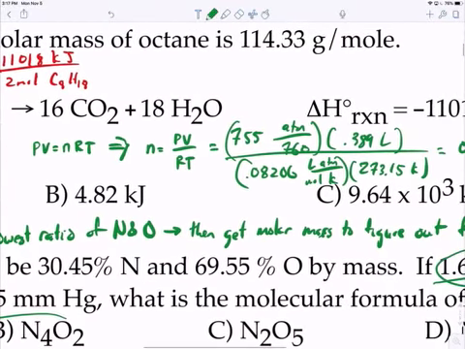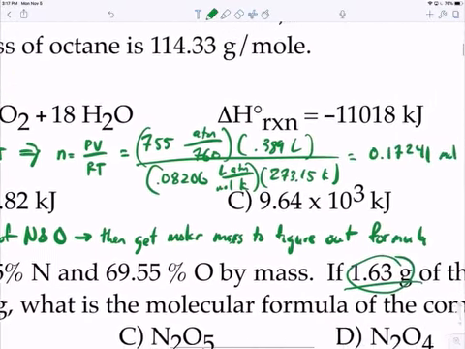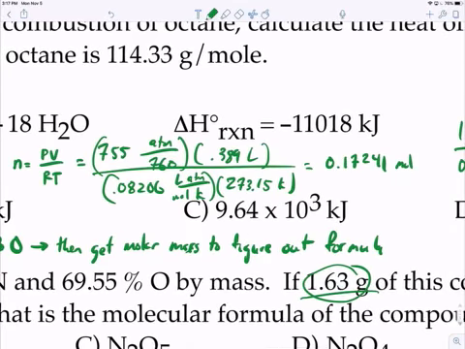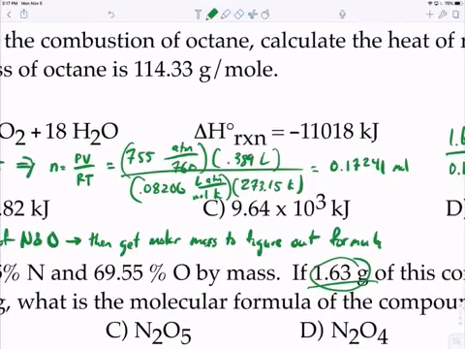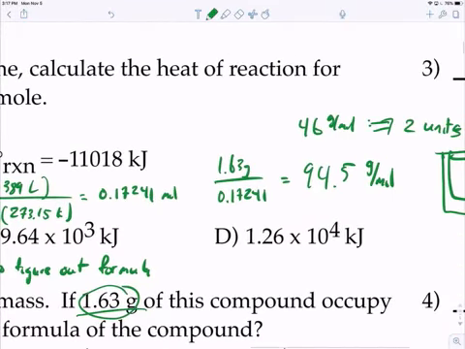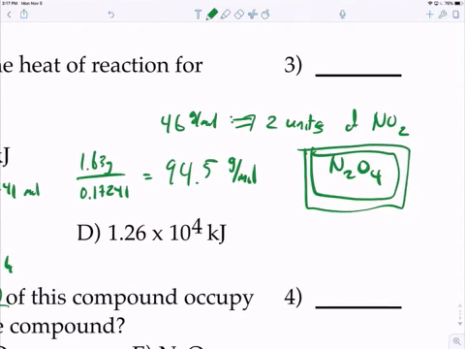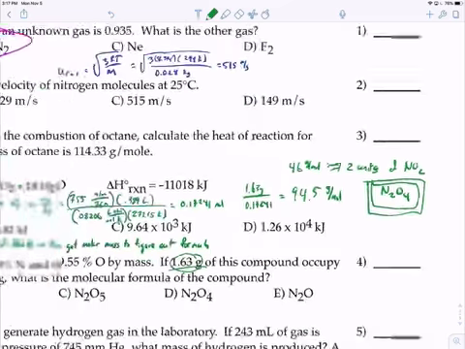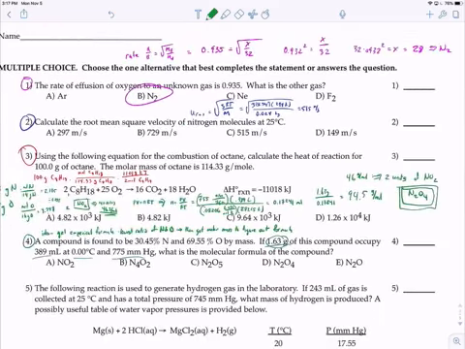Using the ideal gas law, we can figure out the number of moles to be 0.017, and then 1.63 divided by that gives us 94.5, which is 2 units of the 46, which gives us N2O4. So, questions with this one?